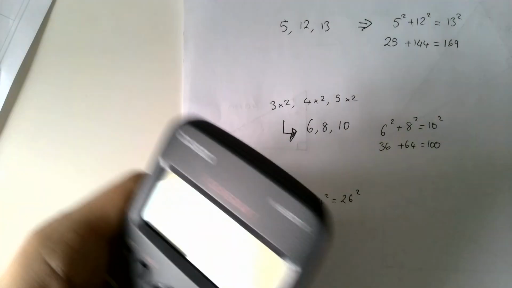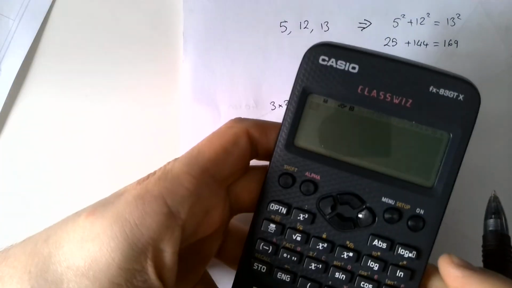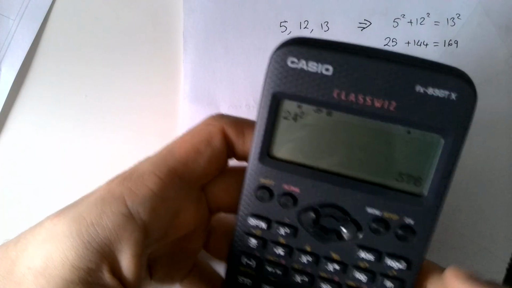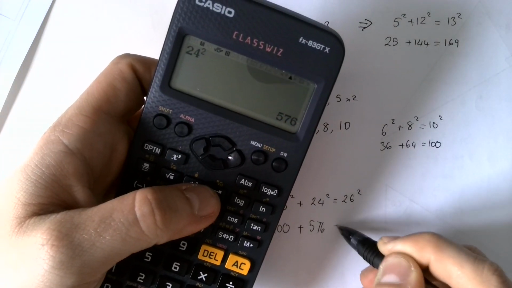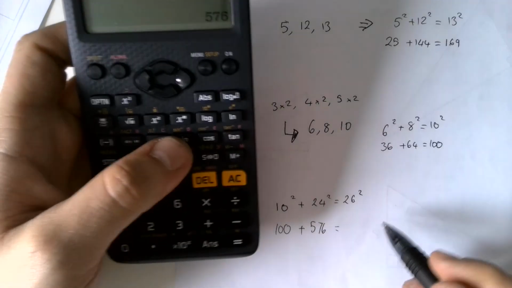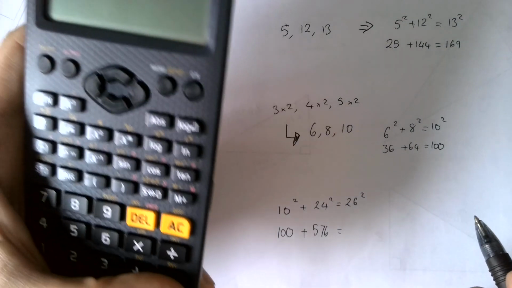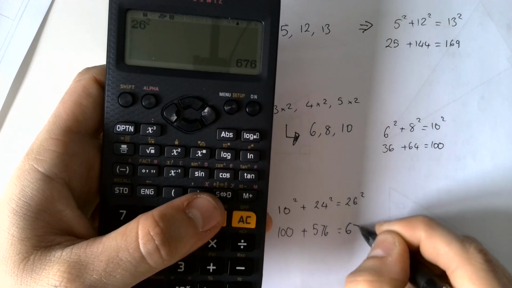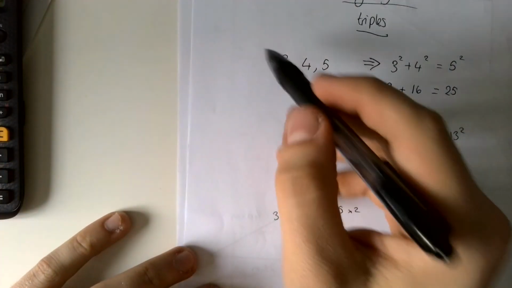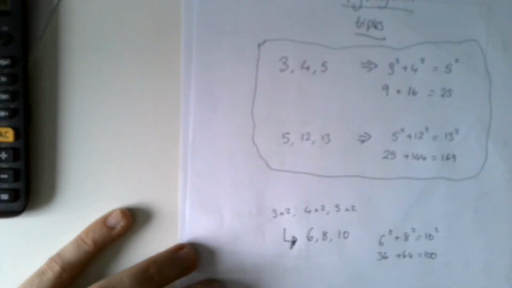So if I just type that into my calculator, so I know 10 squared is 100, 24 squared is 576, and if I work out what 26 squared is, it should give me 676. Yeah, it does. So these are the main two to remember.